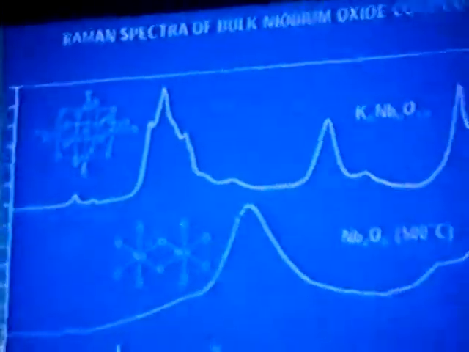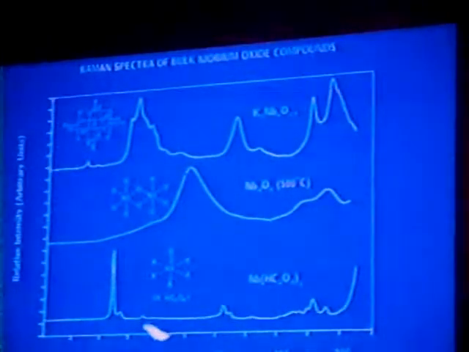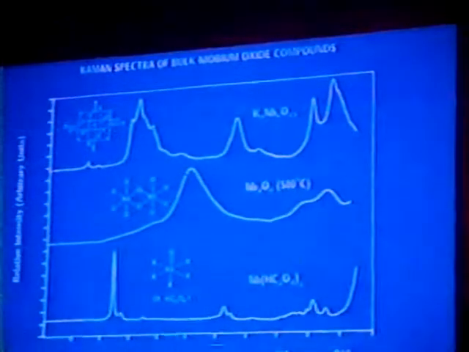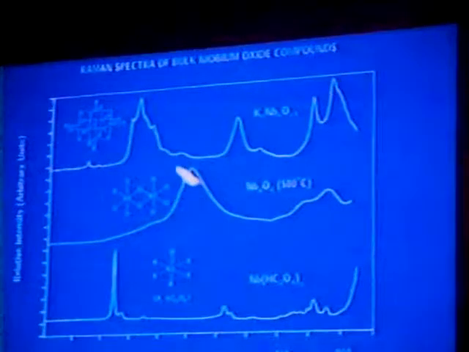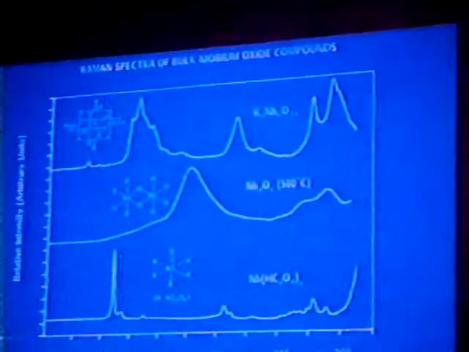Another common niobium oxide compound is Nb2O5 crystallite, which has the structure shown. There is no double bond in the high wave number region. There is only a broad and strong band, and the band at 690 is due to the NbO6 octahedral structure.